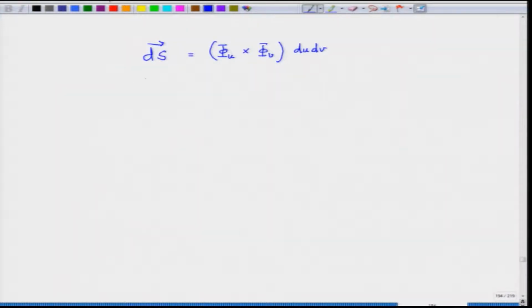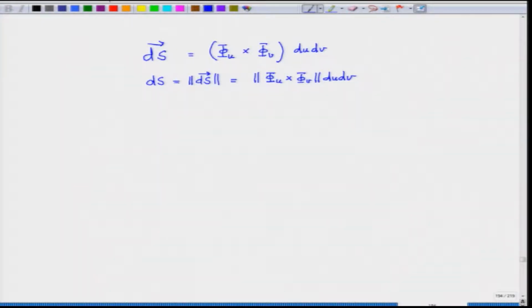So ds, the elemental surface area, which is the norm of the area vector, is nothing but the norm of phi u cross phi v into du dv, positive quantities out of the norm.